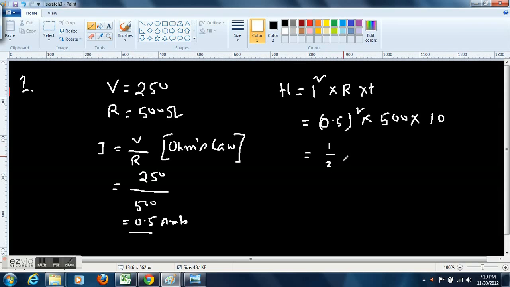Now 0.5 is 1 by 2, therefore it is 1 by 2 into 1 by 2 into 500 into 10, which is coming as 5000 upon 4, which should come as 1250 joules.